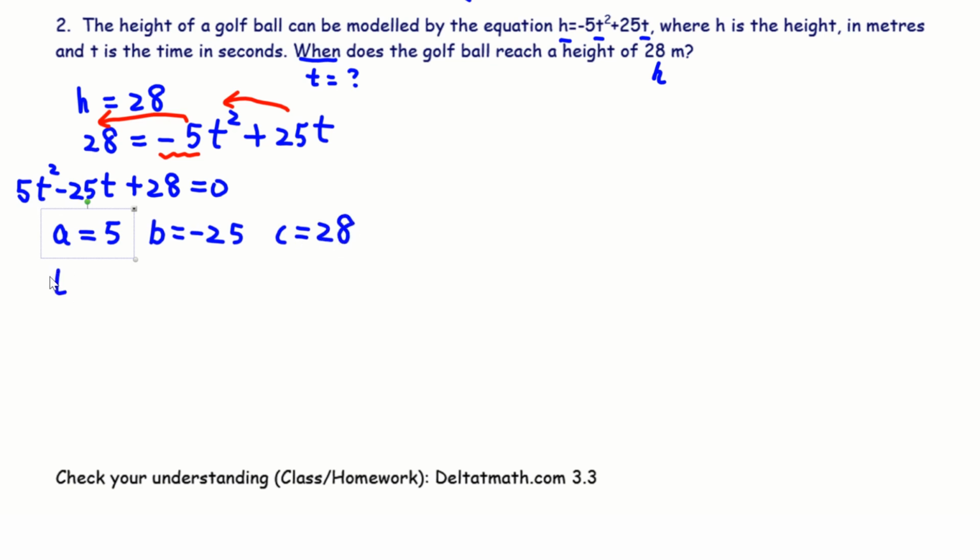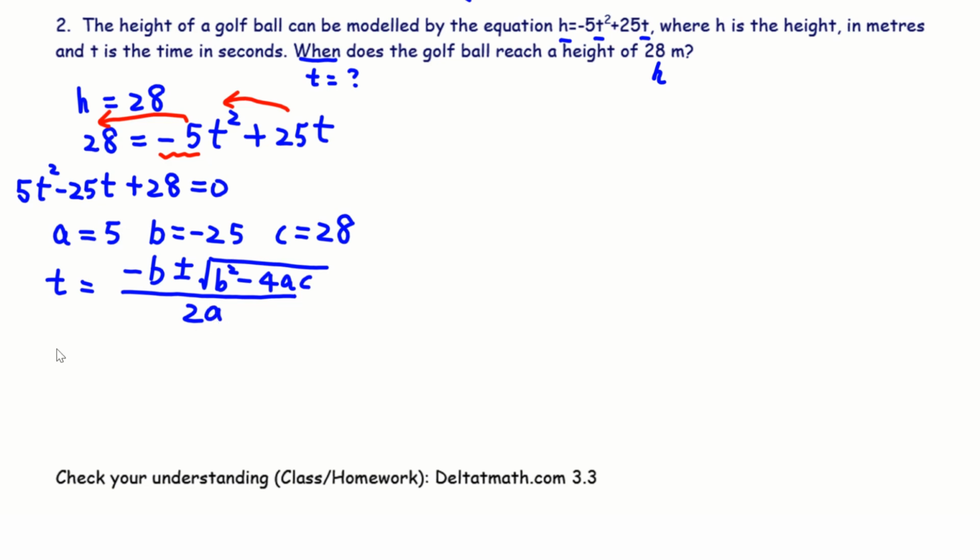In order to solve for t, we are going to use the quadratic formula: negative b plus minus square root of b squared minus 4ac all over 2a.